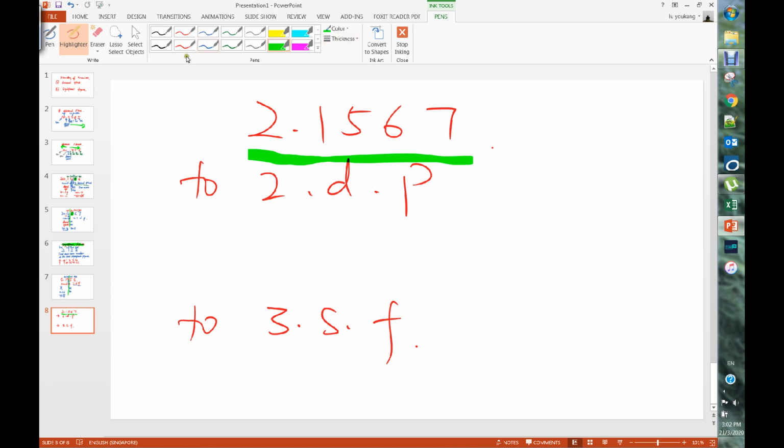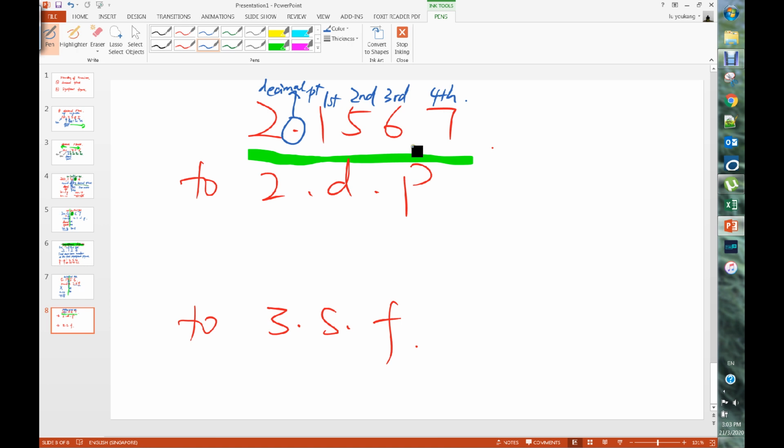Okay, so to do decimal place, what I need to do first? Find the decimal point. So my decimal point is here, and then which one is the first decimal place? 1. Second, third, and fourth, right?